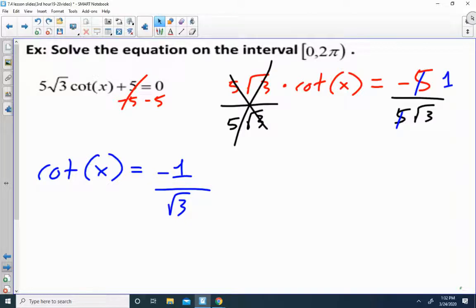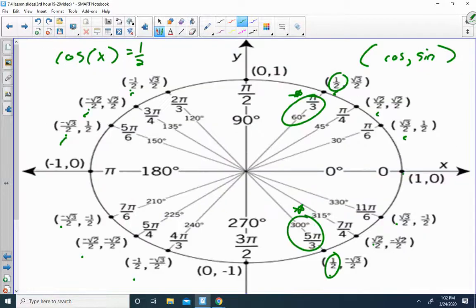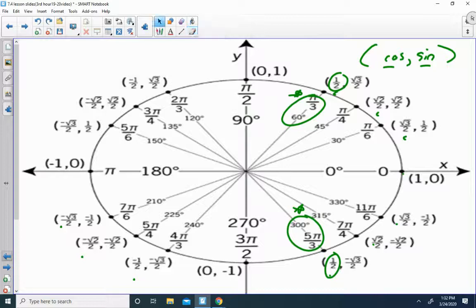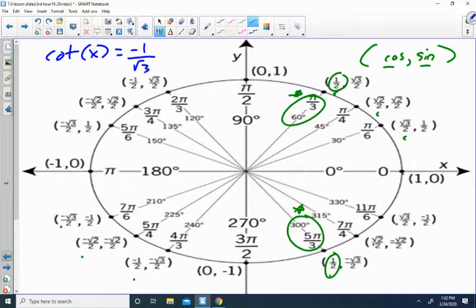So now it's up to us to find out what x has to be to get us negative 1 over root 3. Here's the thing. The unit circle only works for cosine and sine. It does not have cotangent on the unit circle. Well, that stinks, Miss Schulin.